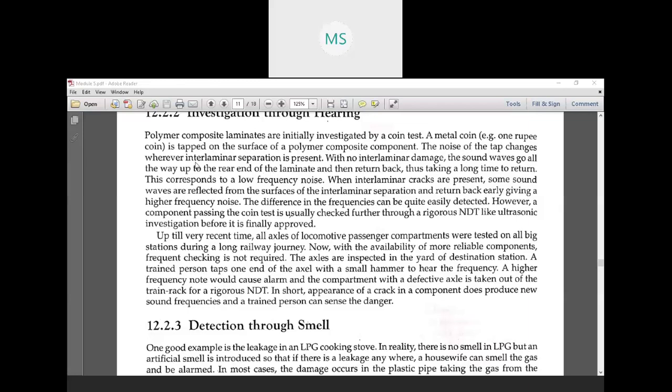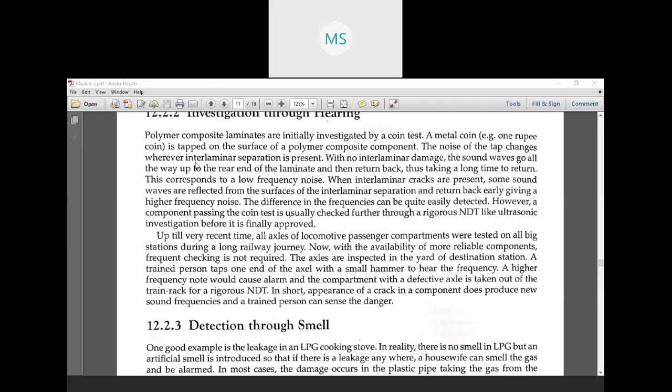If there is no interlaminar change, then the sound waves go all the way to the rear end, the last point of that polymer composite, and return back. Thus it takes a long time to return. This corresponds to low frequency noise, so the frequency of the noise will be on the lower side.